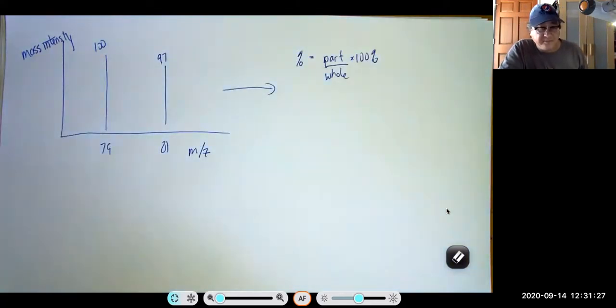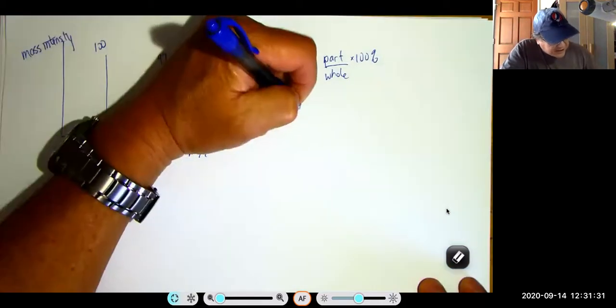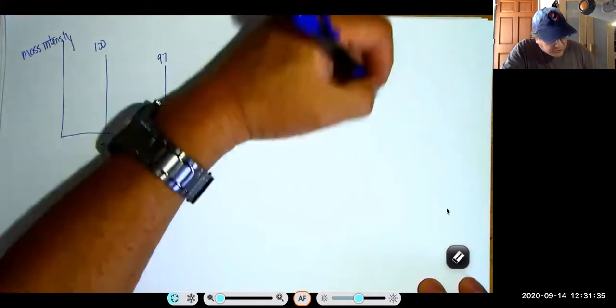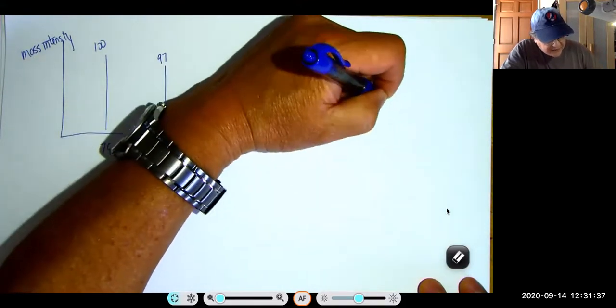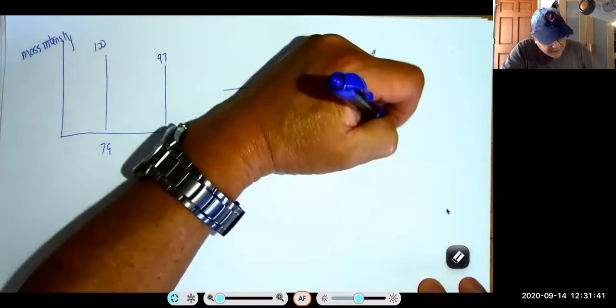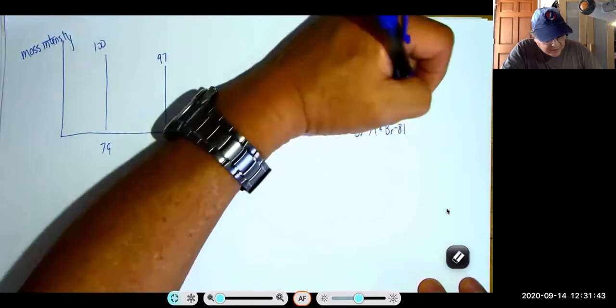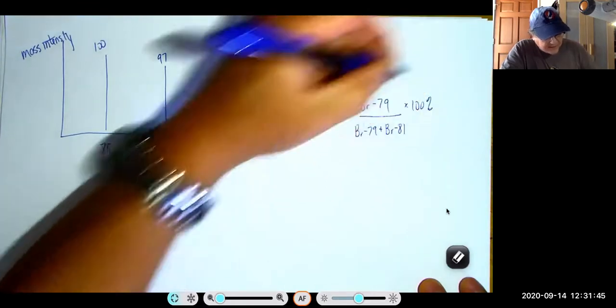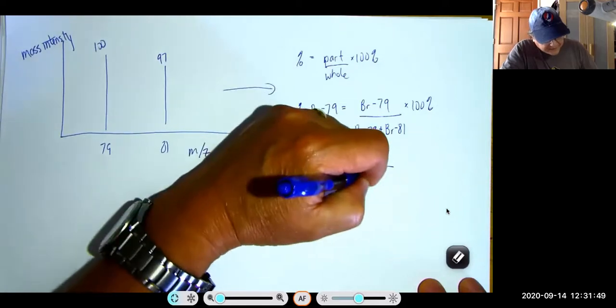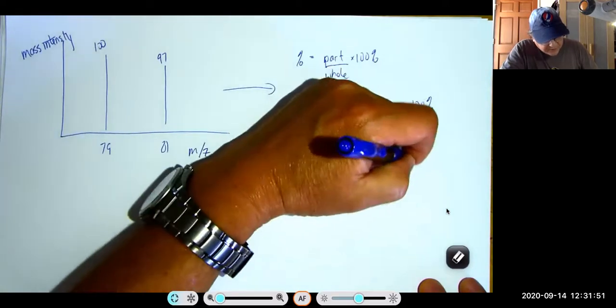So in this case, the percentage of bromine 79 would be equal to the bromine 79 over the bromine 79 plus the bromine 81 times 100%. So that would end up being 100 over 100 plus 97 times 100%.